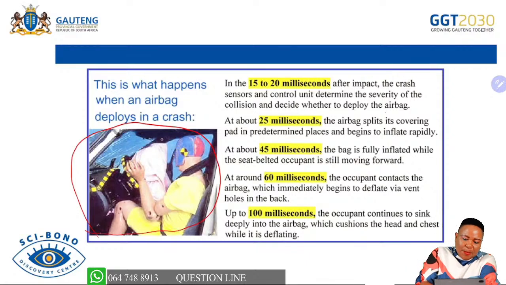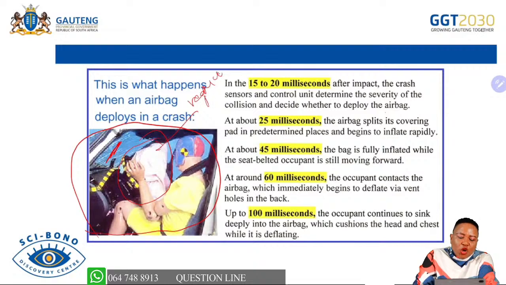Here is an example of a person being hit by an airbag. Remember, there is a difference between being hit by a windscreen and being hit by an airbag, because an airbag will do what? It will increase the time of contact and reduce the net force.